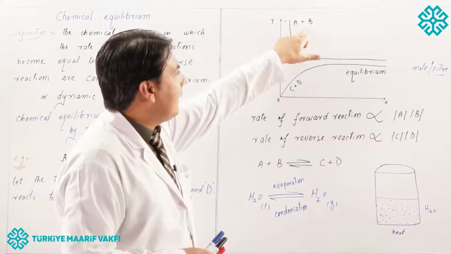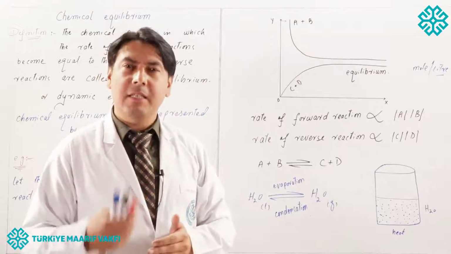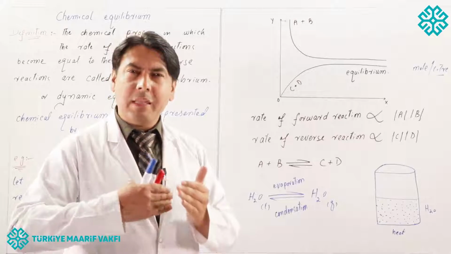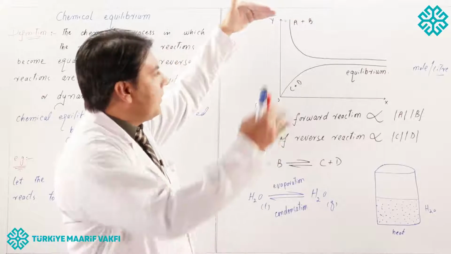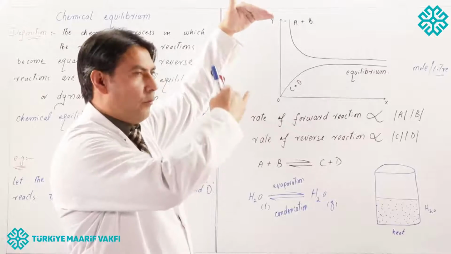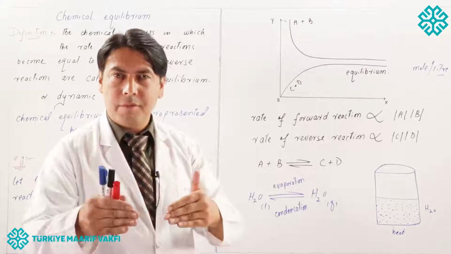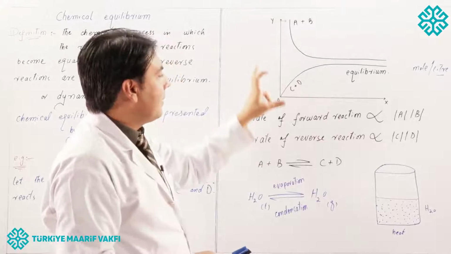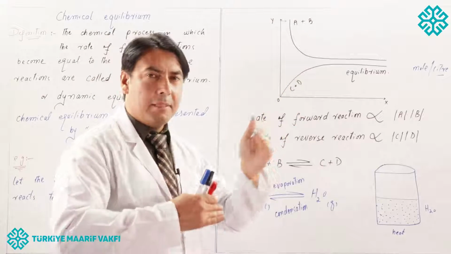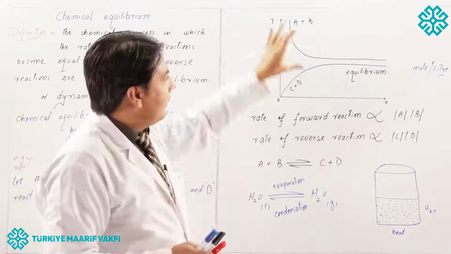And when A and B react, they will produce the products C and D. So, with the passage of time, the concentrations of A and B decrease. Why? Because A and B react to produce the products C and D. And with the passage of time, the concentrations of C and D increase.